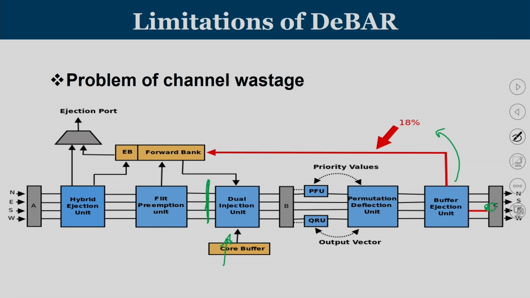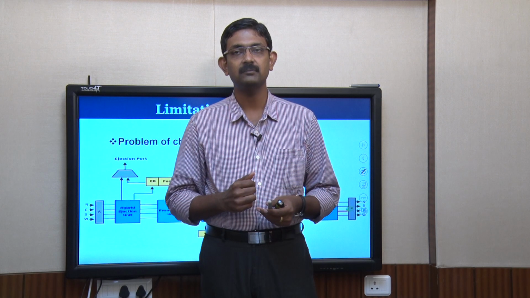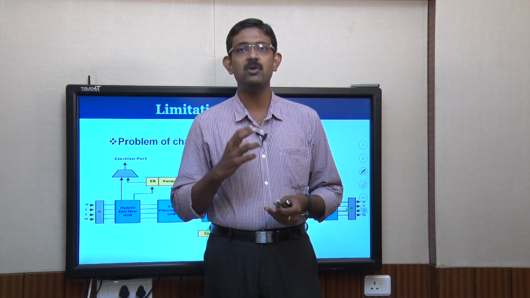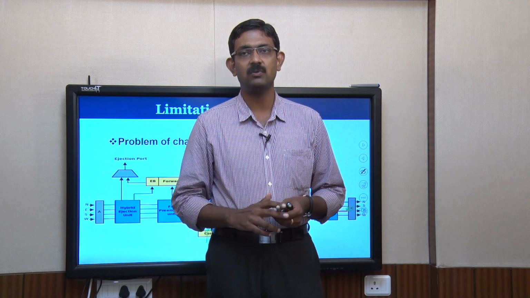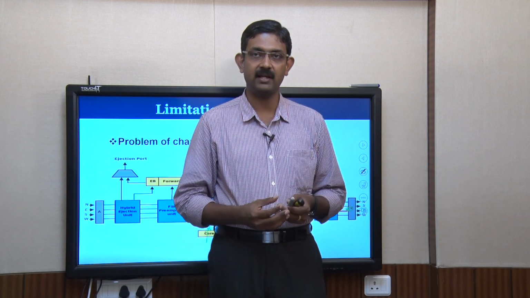So, I will rephrase the same scenario. We have a flit that is waiting in the core buffer to enter into the router pipeline. At that time, entry into the router pipeline was denied because none of the internal flit channels was idle. So, the flit will wait there.